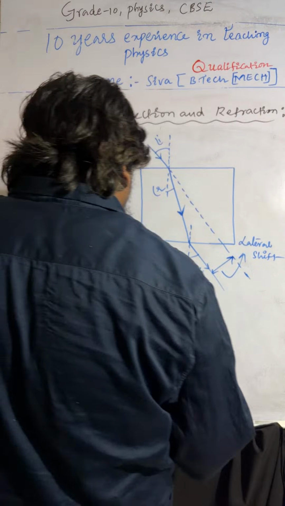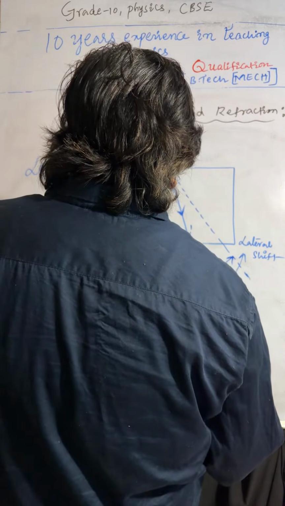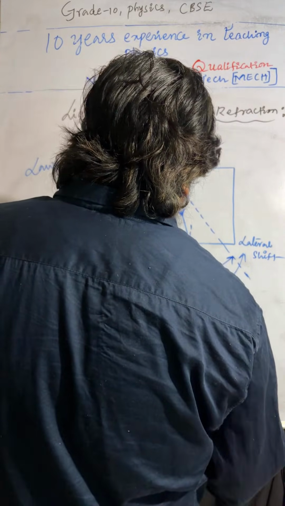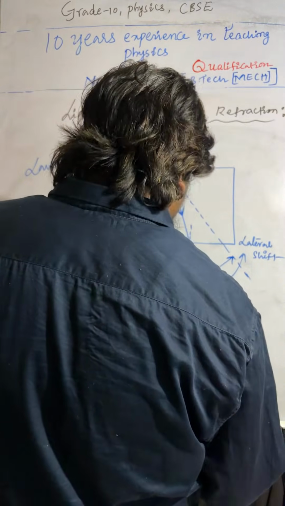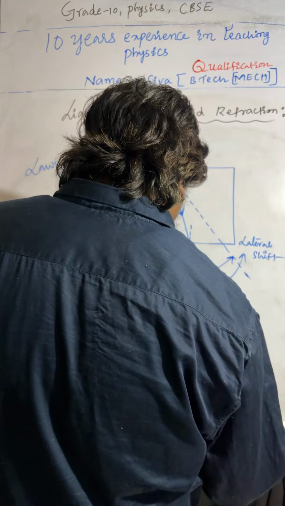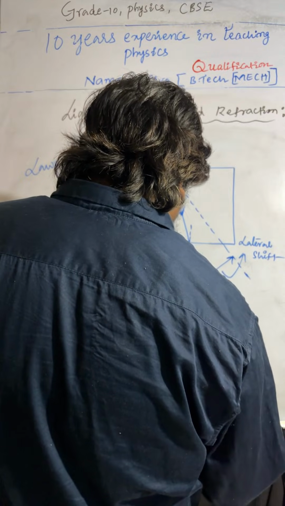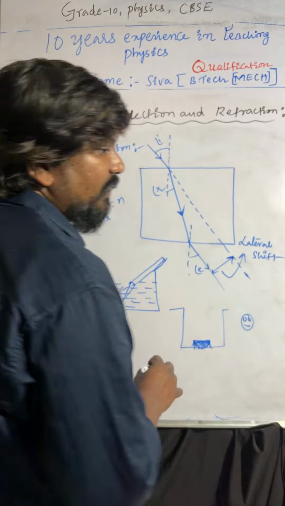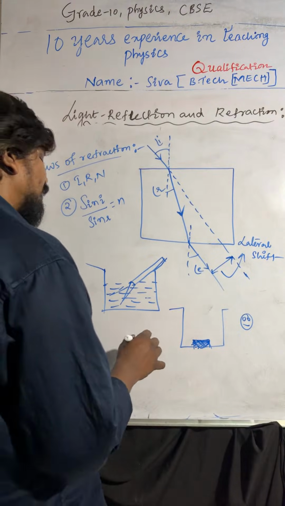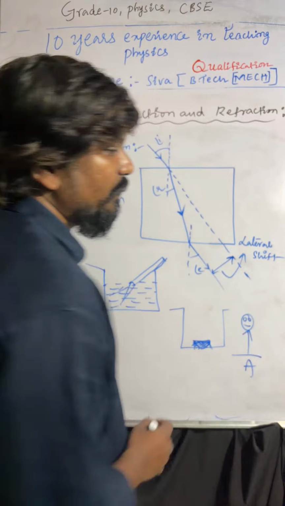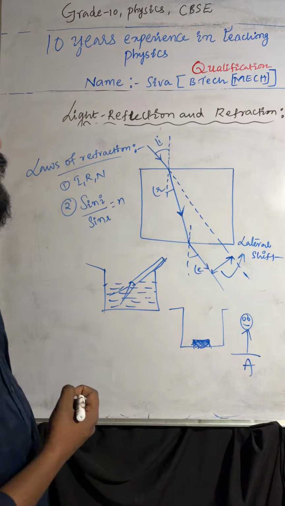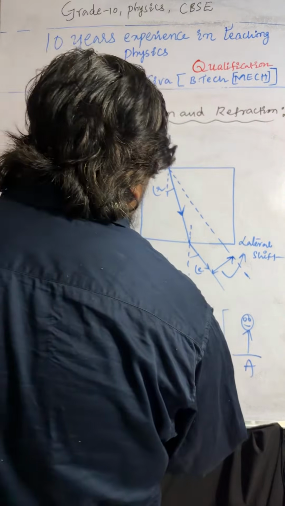One more thing. Normally the person is here, and we place the coin at the bottom of the beaker. Understood or not? From position A, he cannot see the coin placed at the bottom of the beaker.